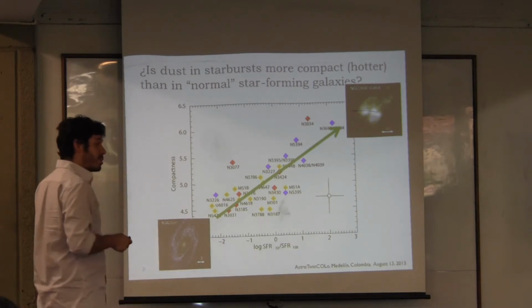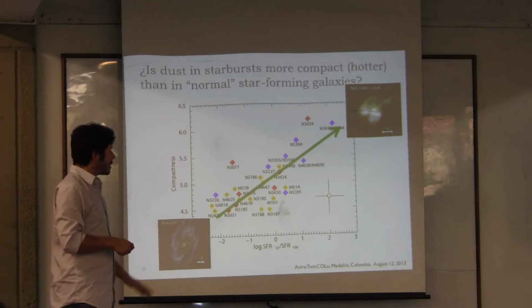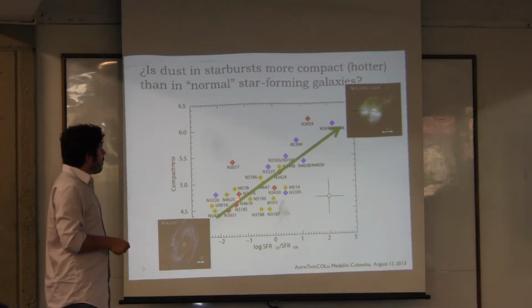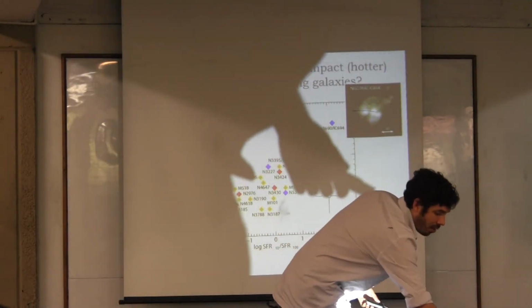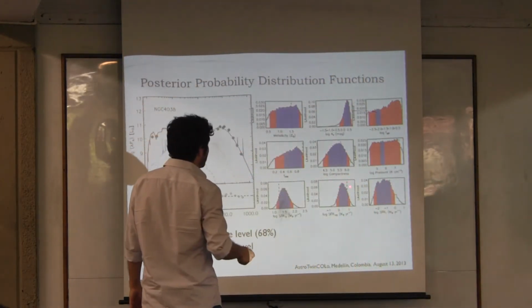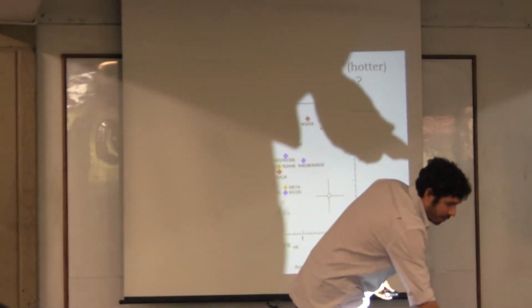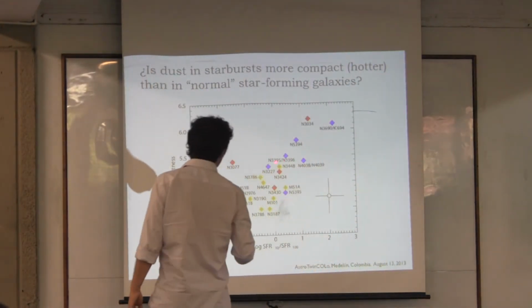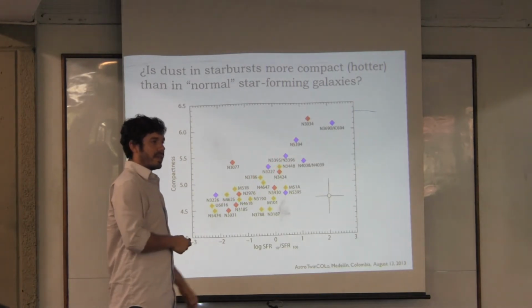And if that's the case, which we need to confirm with more objects, remember that these values I obtained by looking at the peak of the probability distribution function here, and not the best fit. Actually, if you repeat that plot using not the peak of the probability distribution function but the best fit, it doesn't look that nice.